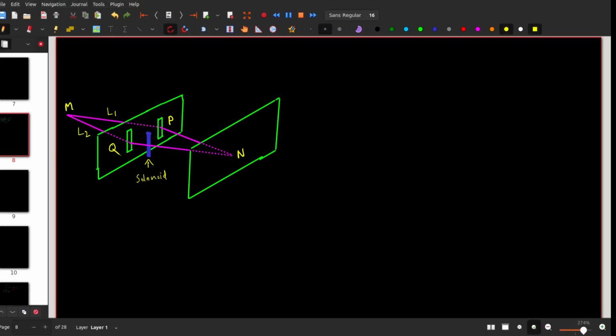In the previous video on the Aharonov-Bohm effect, we have seen that in the case of the double slit experiment with charged particles, if we put a solenoid between the two slits P and Q, then the interference pattern that we get is displaced.